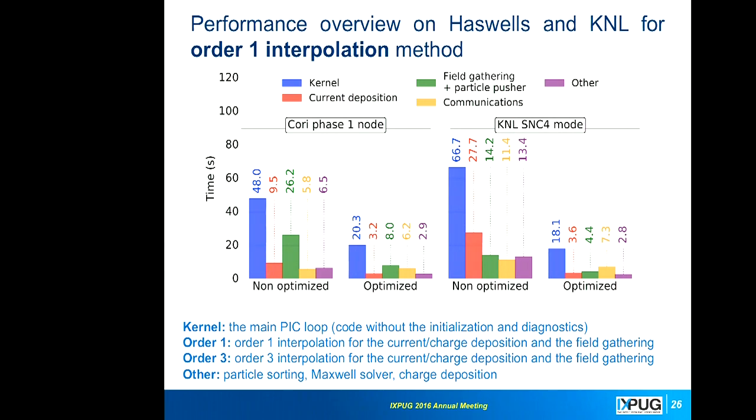For the colors, we have in blue the kernel, in red the current deposition, in green the field gathering and the particle pusher, in orange the communications, and now we have in purple all the other steps or the other subroutines. I mean the particle sorting, the Maxwell solver, and the charge deposition.